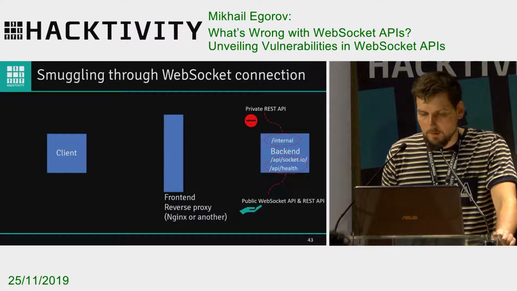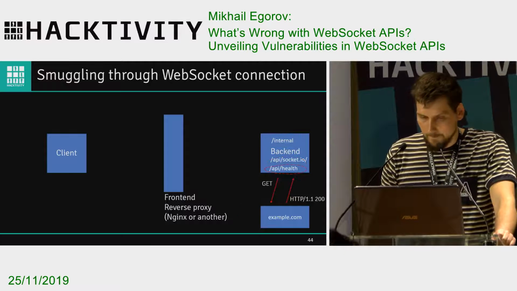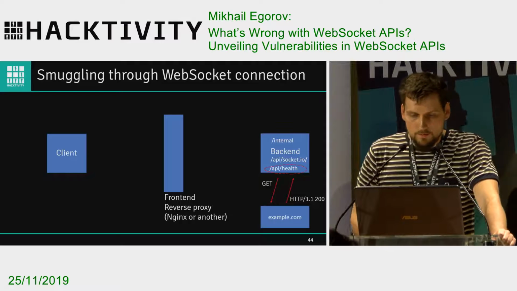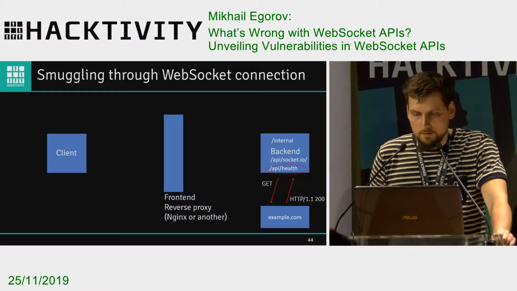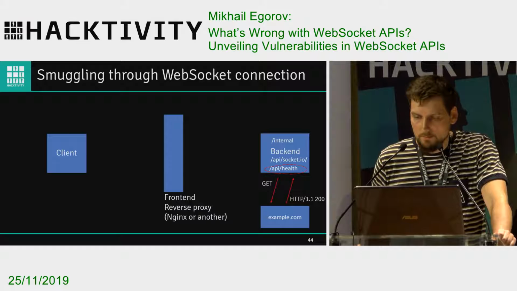The client invokes the public API via Nginx, which is used as a reverse proxy. Let's assume that the publicly exposed REST API allows checking the health of some website by making a GET request to that external site and returning the status code to the client.